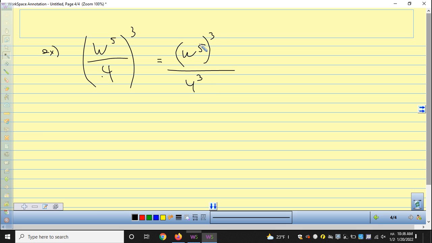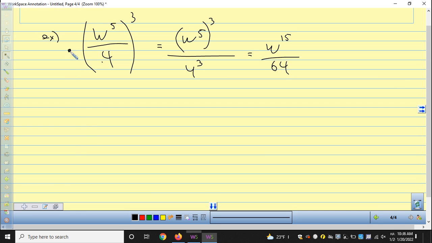What do we do with the exponents here? Multiply. So this is going to be w to the 15th. 3 times 5 is 15. And 4 to the third: 4 times 4 is 16, times 4 is 64. So this would be my answer simplified. Power to a power, multiply there. Questions there?